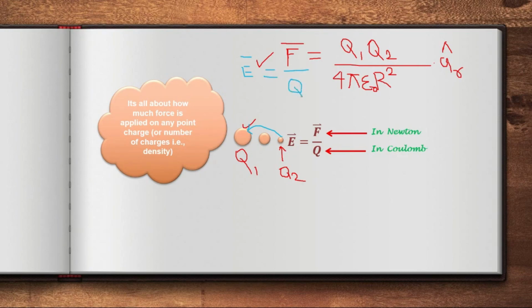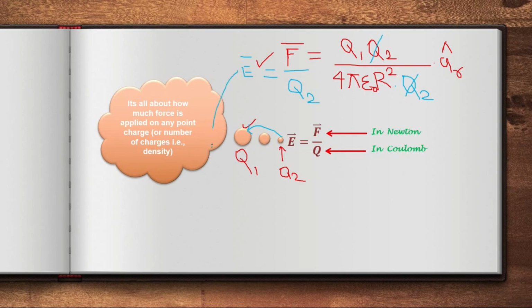So if we want to calculate force per charge Q2, then we have to add one more Q2 on the right-hand side. So for this formula of electric field intensity, which is force per charge, in the force formula we are writing Q1, and we want to calculate force per Q2. Then this Q2 will get cancelled.